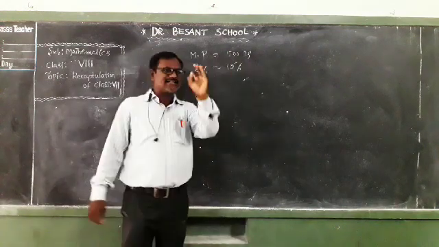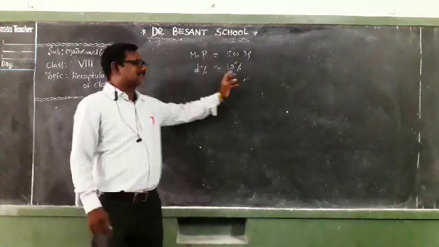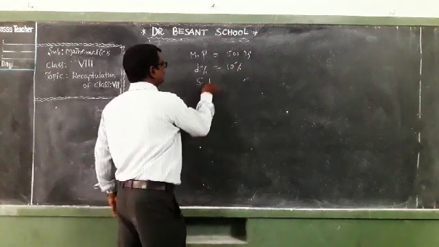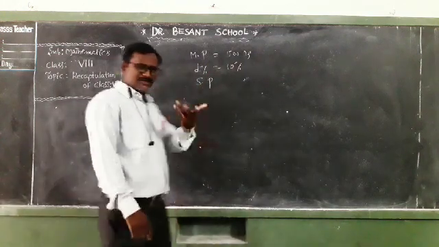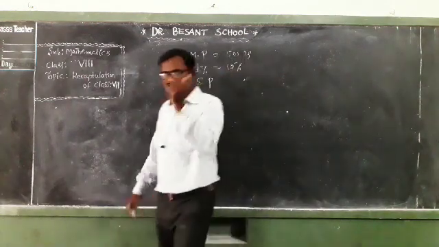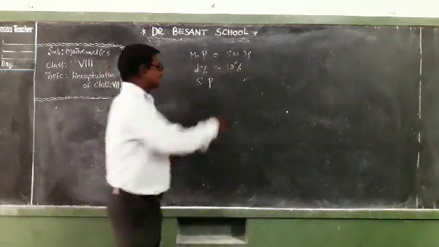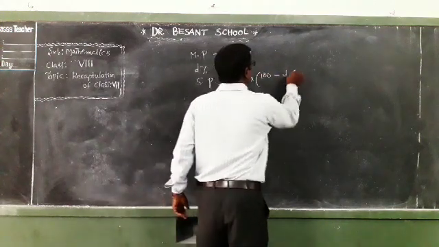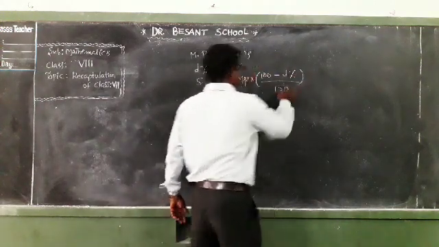For how much price does he have to sell it? There is a specific formula to find the selling price when the market price and discount percentage are given. SP is equal to MP into 100 minus discount percentage, by 100.